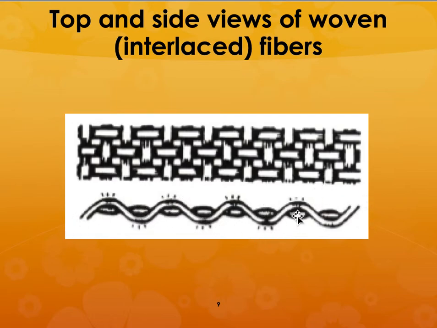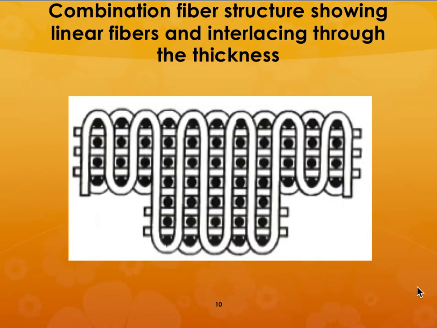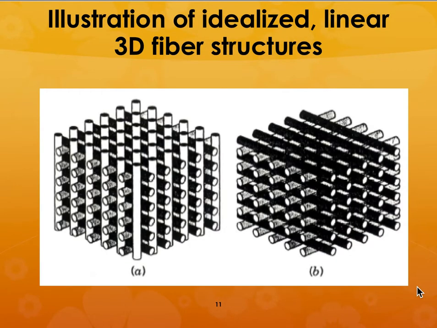So it is undulating and going over and over the top and under the other layer, and these are the fiber bundles in this direction. You can also have interlacing through the thickness so that you get a better strength mat. You can also have that.